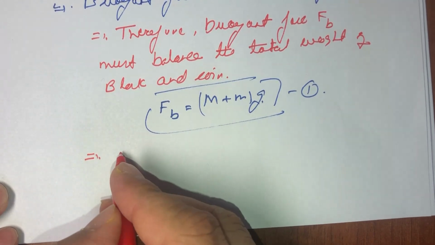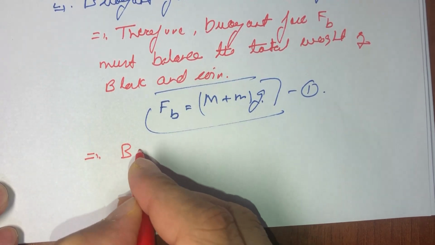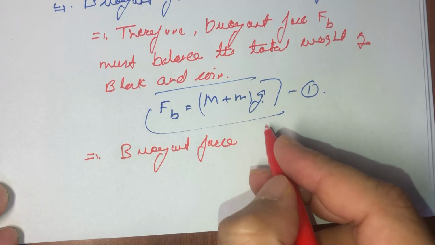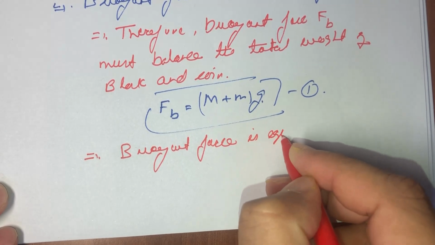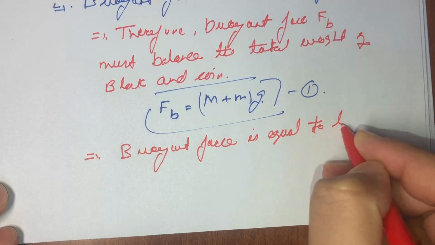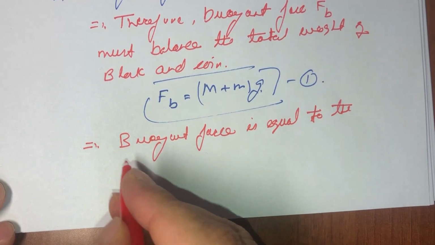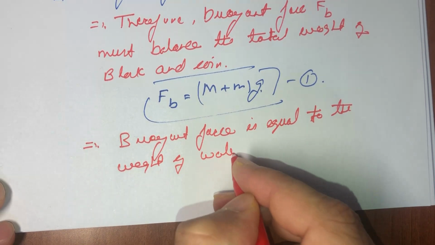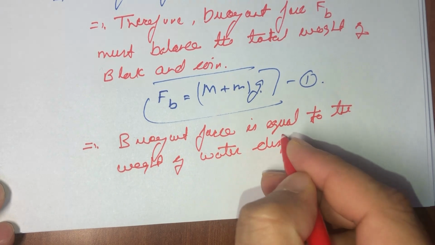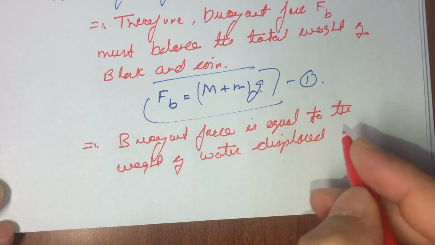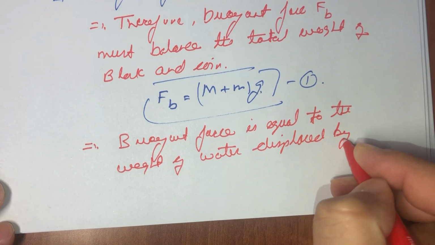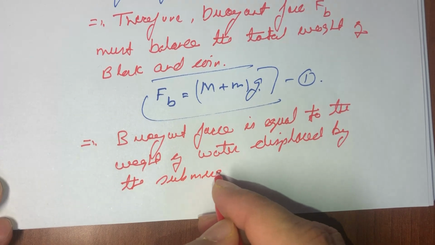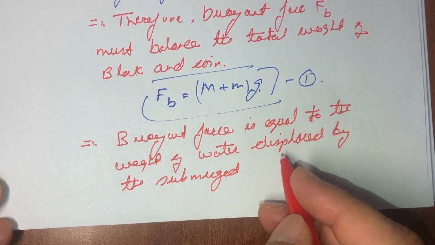So the buoyant force is equal to the weight of water displaced by the submerged volume of the block.